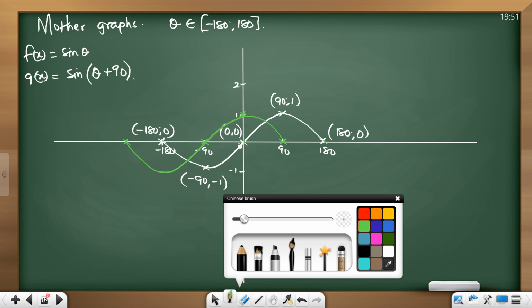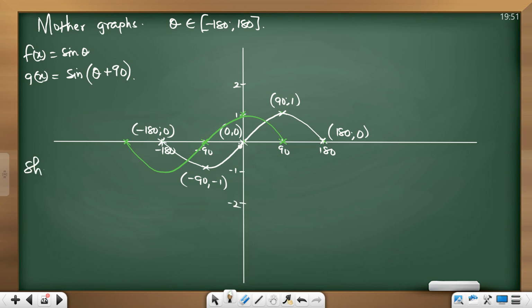What did we do, my beautiful learners? We shifted f of x 90 degrees to the left. Please listen to me carefully, I don't want you to get confused. Is there another way I could have achieved this graph by shifting the axis?